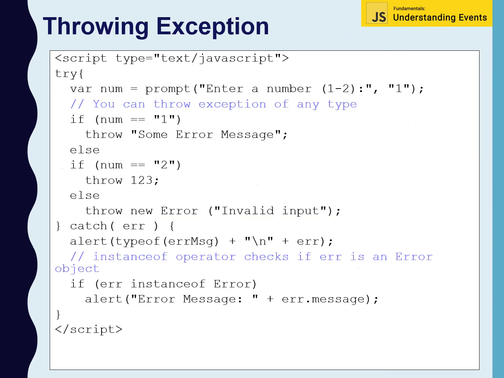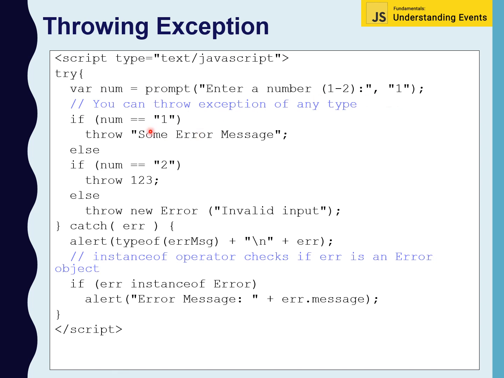Now there is another example, throwing an exception. In this, instead of a try catch block alone, we can see how we can throw a custom generated exception. Inside the try block, it has a prompt, enter a number 1 or 2. By default, the prompt box has one value.